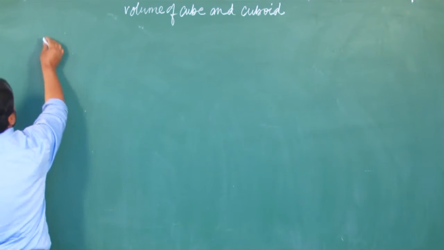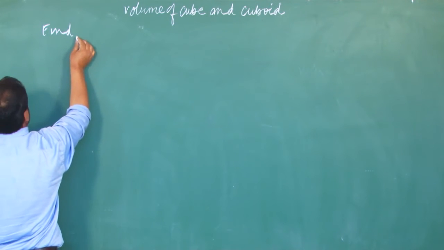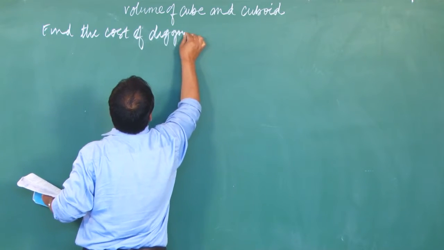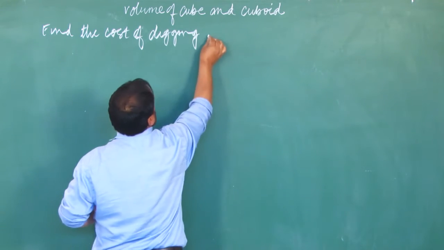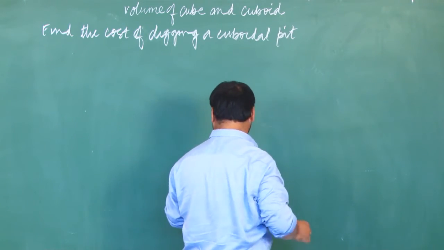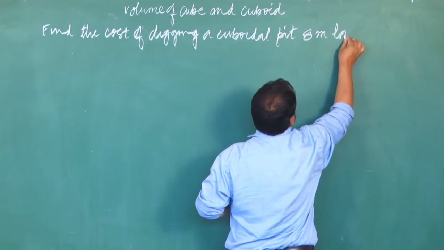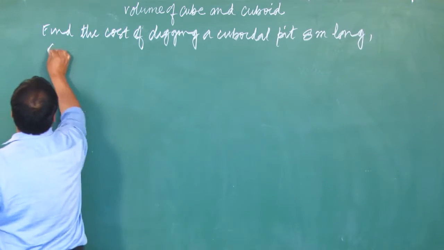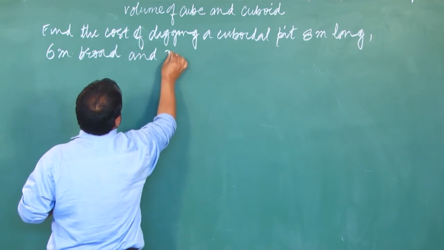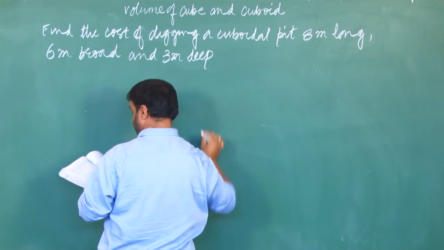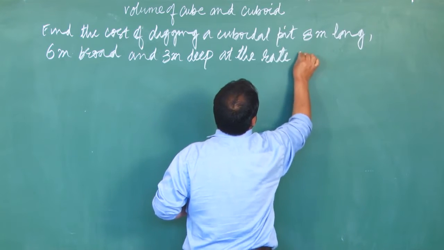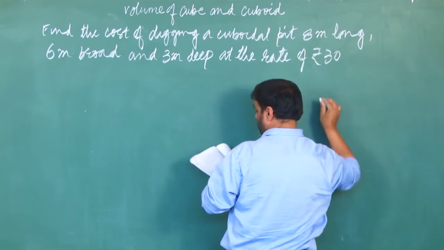Take another question from that. Find the cost of digging a cuboidal pit, 8 meter long, 6 meter broad, and 3 meter deep, at the rate of rupees 30 per meter cube.